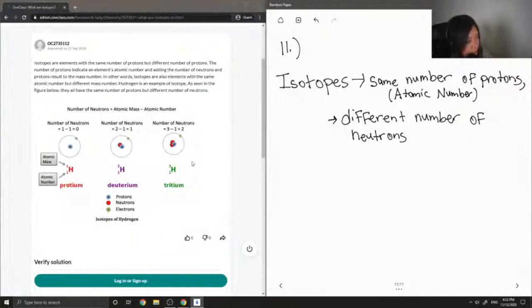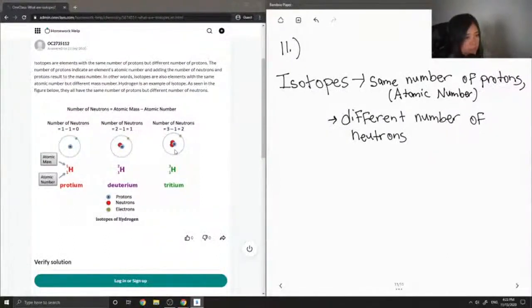For tritium, you'll see that there are 2 neutrons, 1 proton and 1 electron, so it's even heavier than deuterium. But these are all different isotopes of hydrogen.